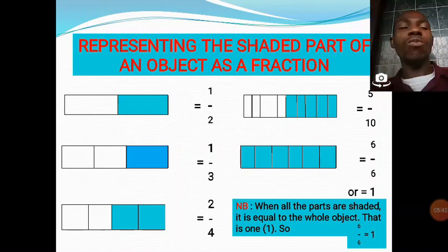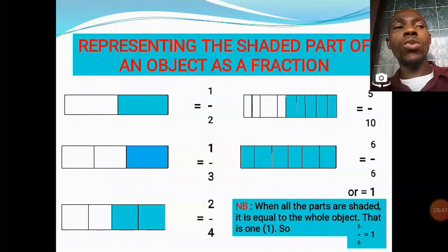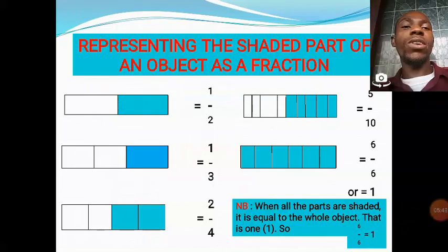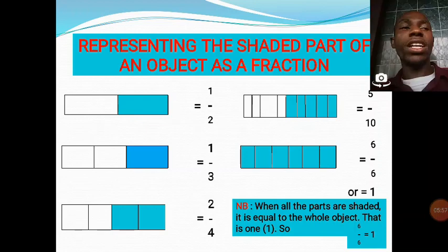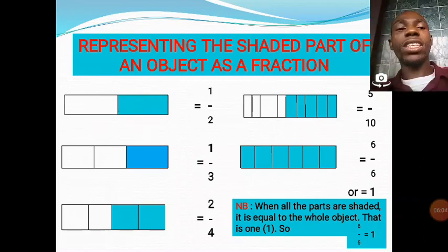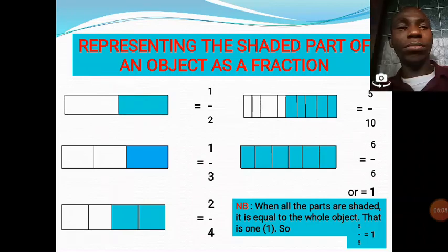That means one part is shaded or taken out of the two equal parts. The second one, we have the object divided into three equal parts. One is shaded, and then we say or write it as 1 on 3 or 1 out of 3. That means one part is taken out of the three equal parts.